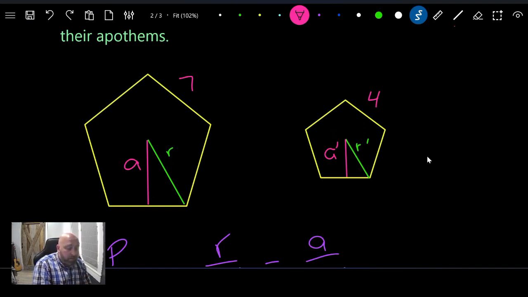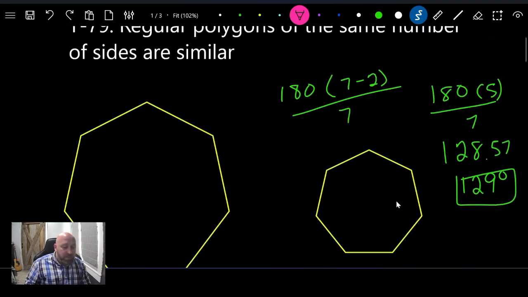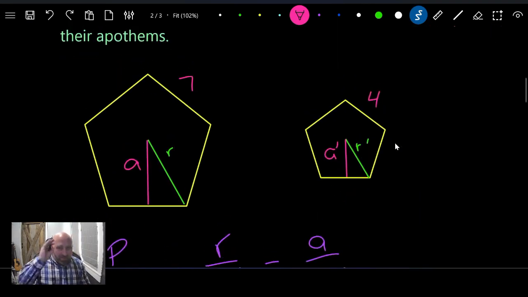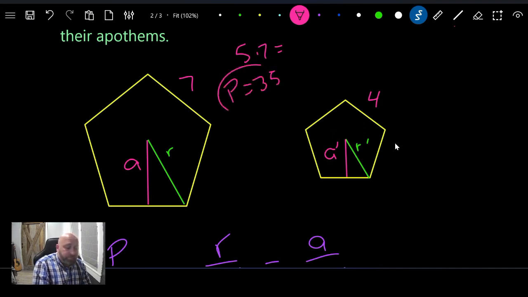The last one we had 7 sides, but this one we're on a new shape, so don't let that play with your mind. We're on to a 5-sided shape now. So we have 5 7s, so 5 times 7 is going to give us the perimeter for this one, which equals 35.